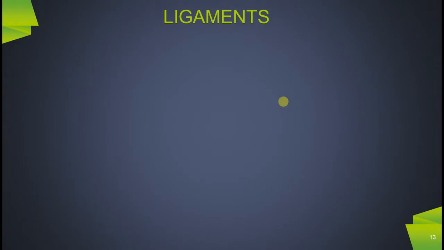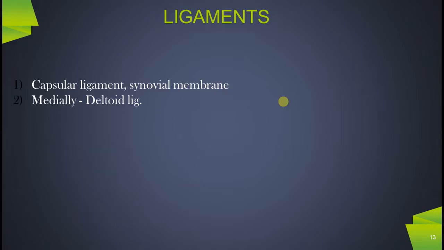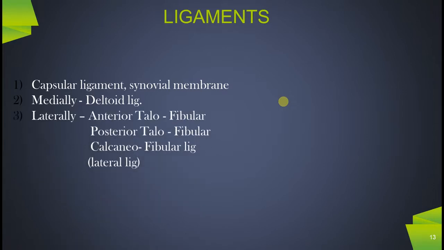Coming to the ligaments of the ankle joint, mainly the capsule, the interior of the capsule is lined by the synovial membrane. Medially you have the deltoid ligament, and laterally you have the lateral ligament of the ankle joint, which has the anterior talofibular, posterior talofibular, and the calcaneofibular ligament.